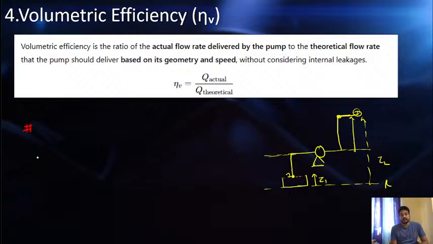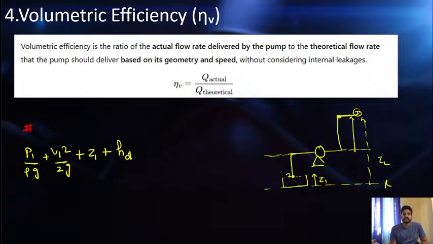So how do I write the Bernoulli equation for the pump? Simply, it is P1 divided by rho g plus V1 square over 2g plus Z1 plus the head developed by the pump. This is the head developed by the pump, the same as capital H. The pump has to develop that total capital H, and only then can it lift the water.